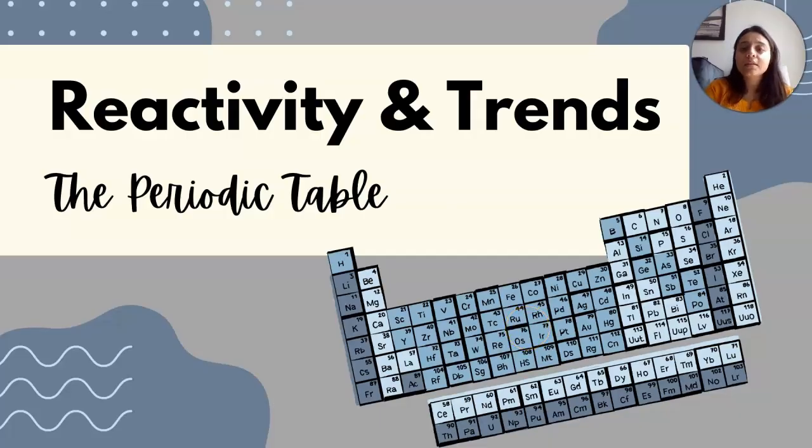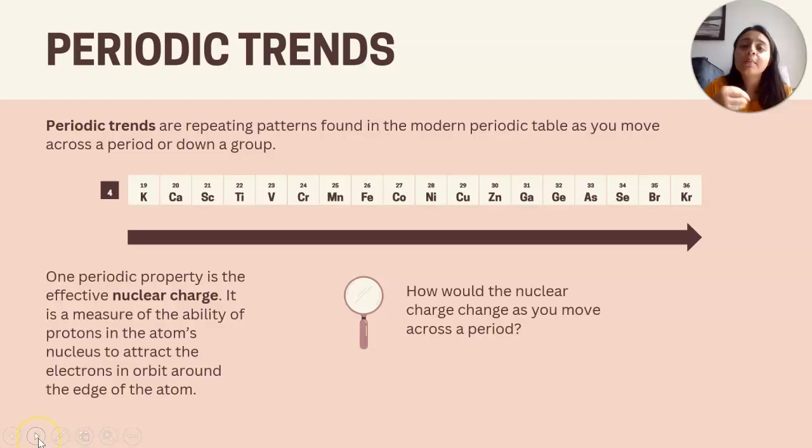Reactivity and trends in the periodic table. This is a major topic for the periodic table. If you want to understand the periodic table, you need to know the trends of the periodic table. Trends, what do you mean by trends? There are basically trends in the periodic table which help elements get their positions.